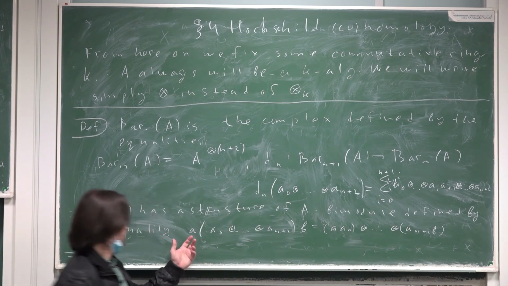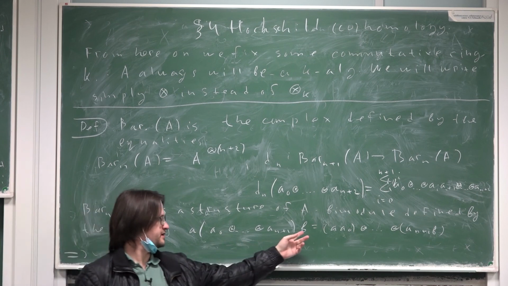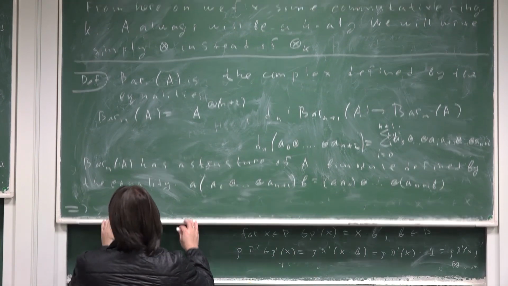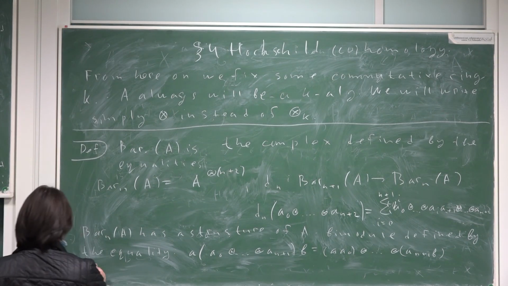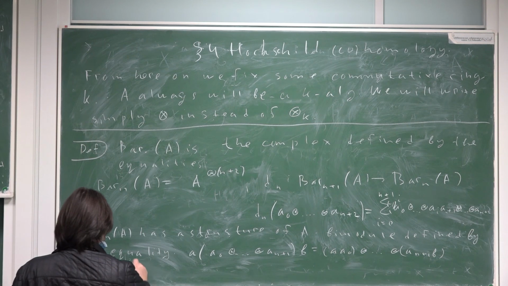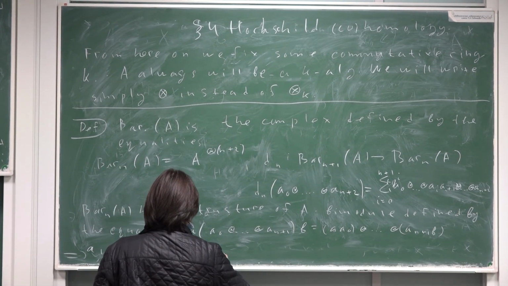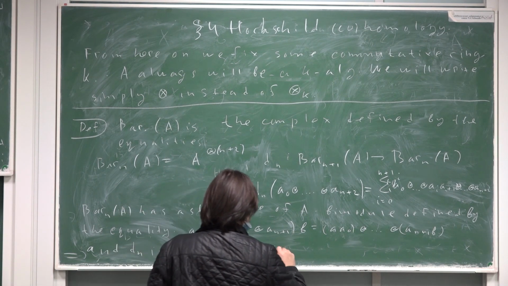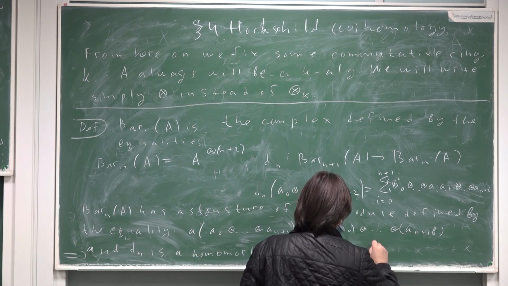So we simply multiply on the left term and on the right term. And dn is a homomorphism of A-bimodules.